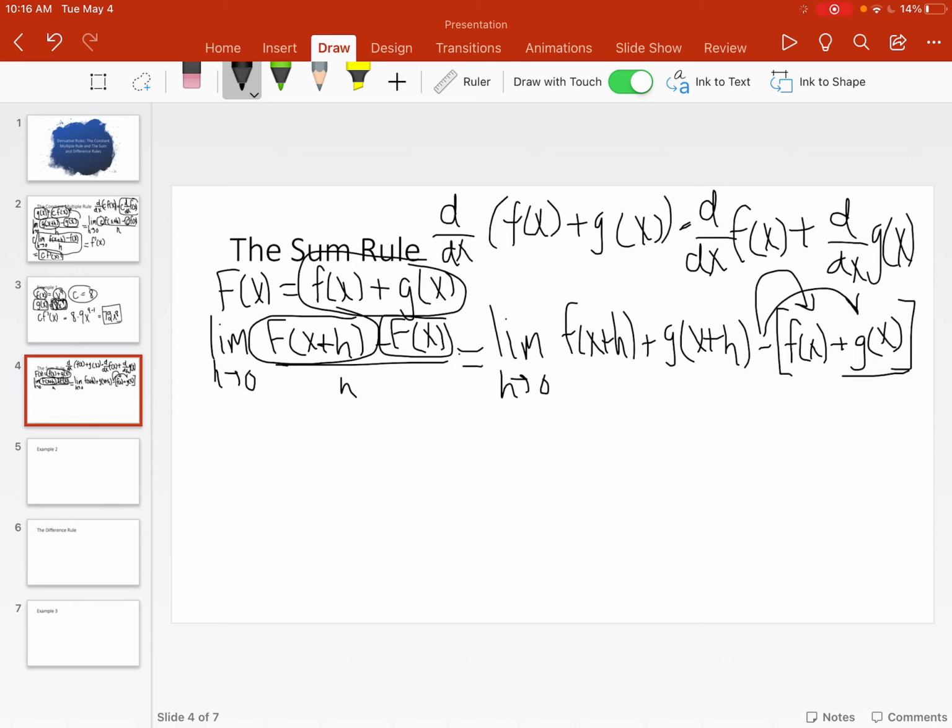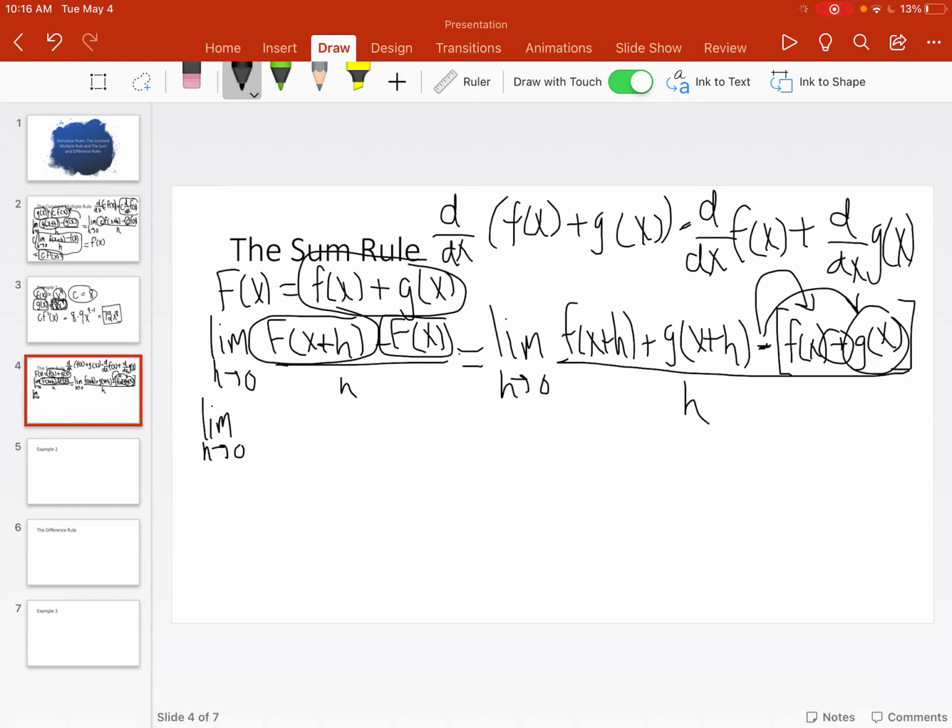Notice that you have to distribute this negative sign before you do anything, so make sure of that. Don't make that mistake. You're going to end up actually subtracting g of x, not adding it. So after you distribute this negative sign, let's continue. What do we have?